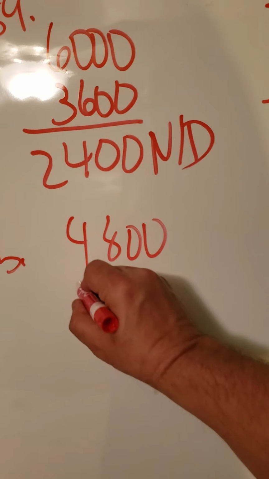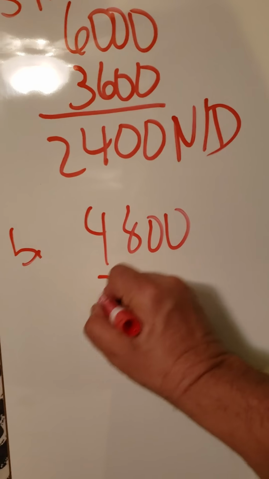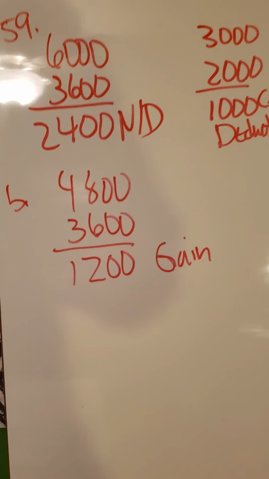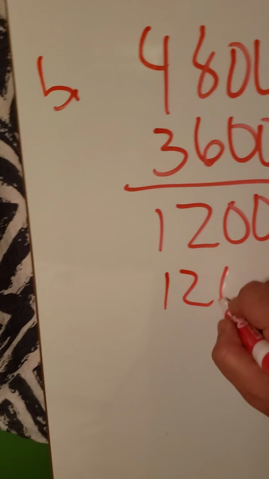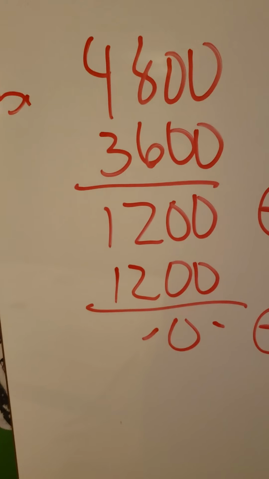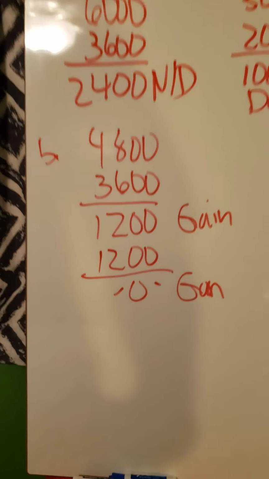He originally purchased it for $3,600, which gives him a $1,200 gain. But John can reduce that gain by the previously disallowed loss. Now, the previously disallowed loss was $2,400, but he can't use all $2,400. He can only reduce the gain to zero. So he's going to take $1,200 of this previously disallowed loss to produce a gain of zero.